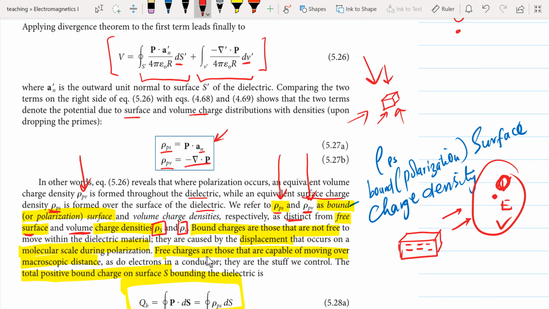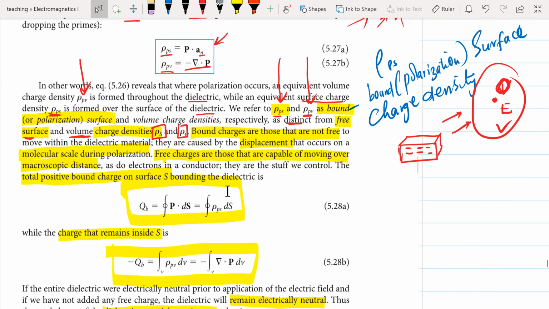Free charges, on the other hand, are those that are capable of moving over macroscopic distance, as do electrons in a conductor, and they are the ones that we can control. And therefore, if we consider the total positive bound charge on a surface bounding the dielectric, it is equal to the polarization vector times the surface.